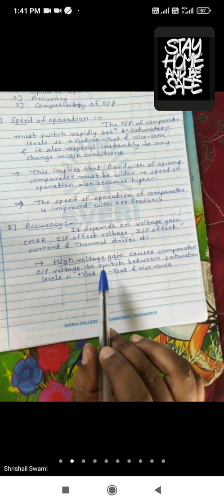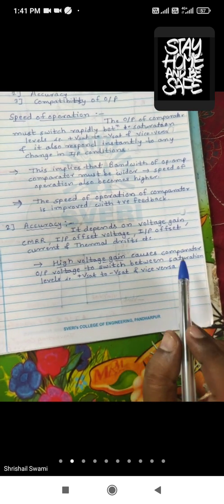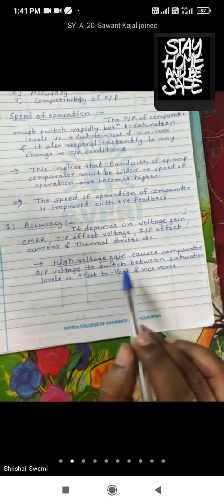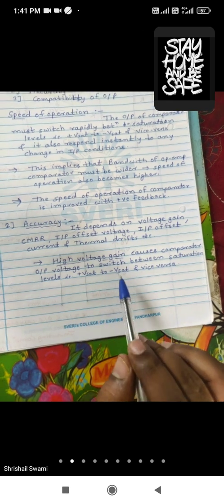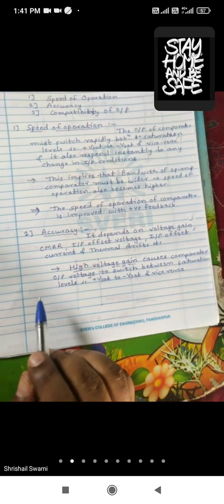If voltage gain is high, the comparator output voltage will switch between saturation voltage levels plus Vsat to minus Vsat and vice versa.